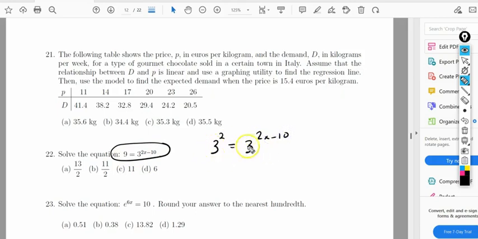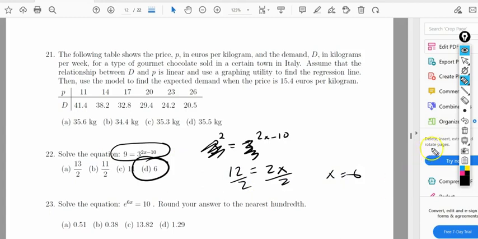And if you have the same base on both sides in a single expression, then the exponents are equal to each other. So 2 is equal to 2x minus 10. Add 10 to both sides and divide both sides by 2, and x is equal to 6. Your answer is D.